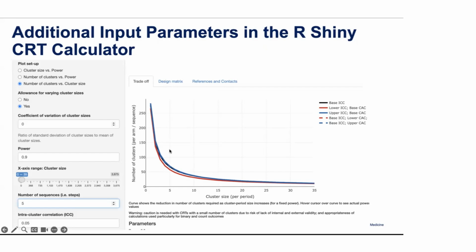So here, this shows fixing the power, but varying the cluster size and number of clusters. And so you see as the number of clusters increases, the cluster size goes down for a fixed power. We have to specify the power and we have to specify the number of steps or the number of longitudinal periods over which outcomes will be assessed. So this is how this calculator is used. It's simple, but you do have to understand the elements that go into it.